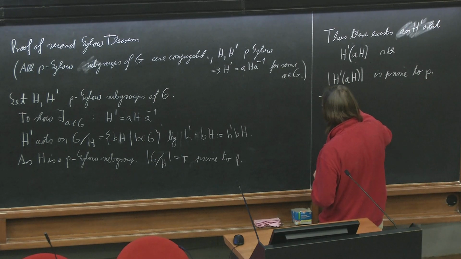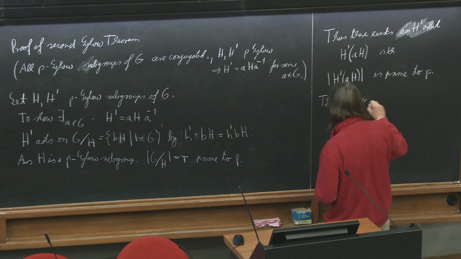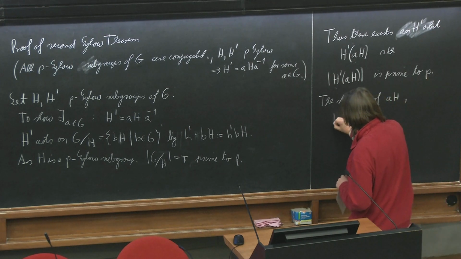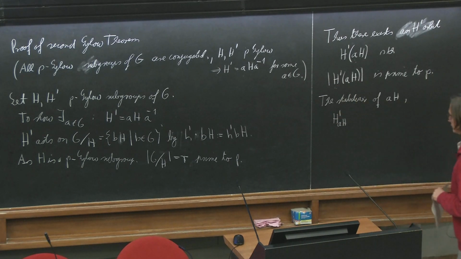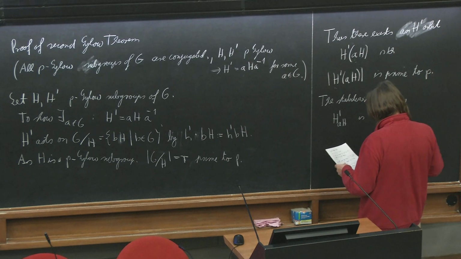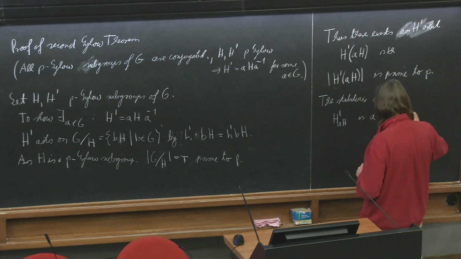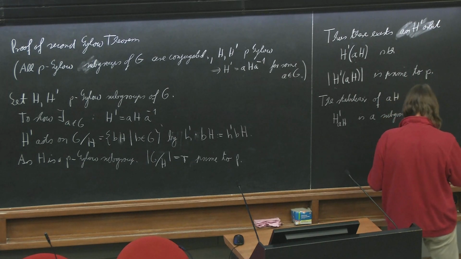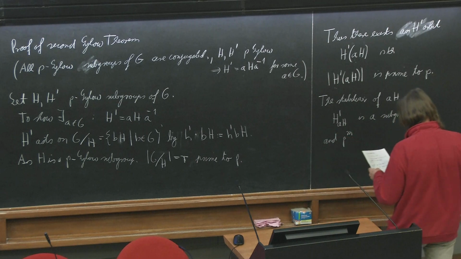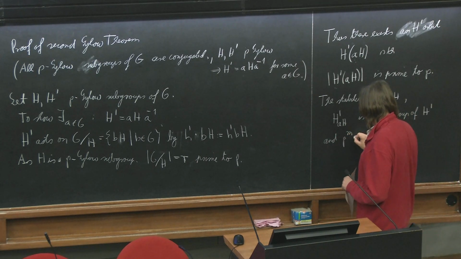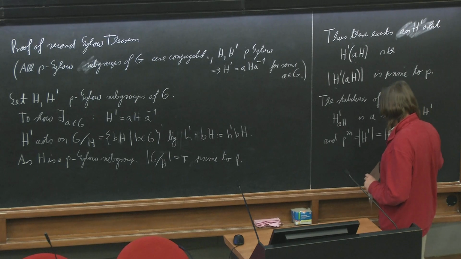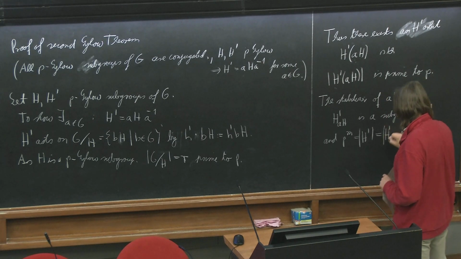So the stabilizer of AH, so the stabilizer in H prime of AH, is a subgroup of H prime, and we know by the orbit stabilizer theorem that p to the m, which is the number of elements in H prime, because it was a p-Sylow subgroup, is equal to the number of elements in the stabilizer times the number of elements in the orbit.